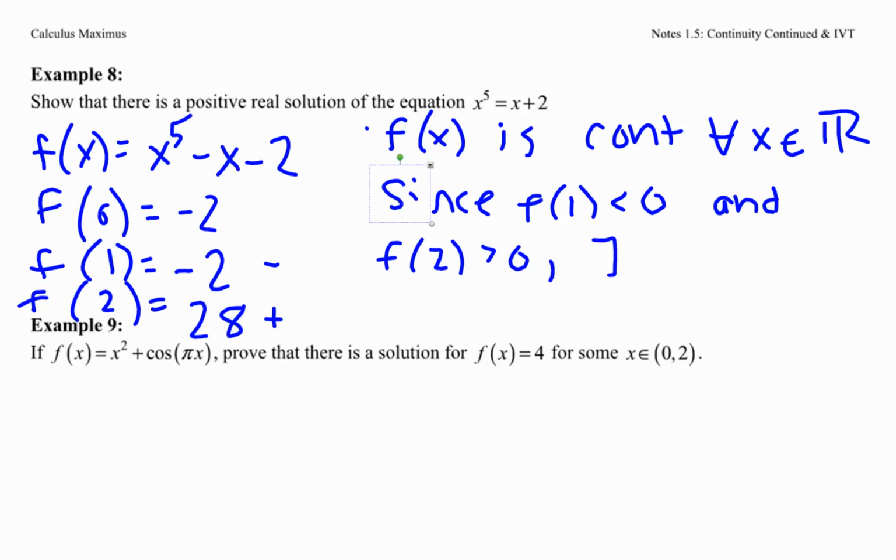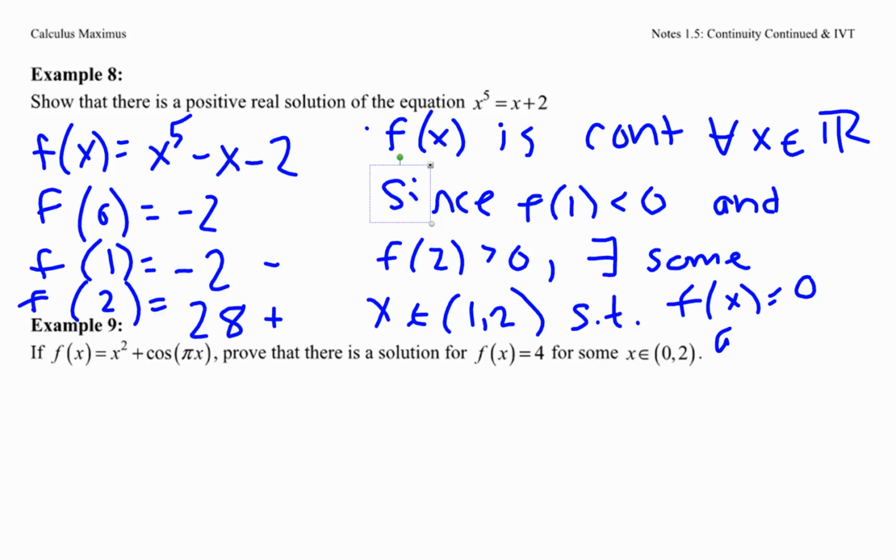You can write that, or you can just say there exists by writing that big fancy backwards capital E. There exists some x on the interval between those values, 1 and 2, such that f of x equals 0, and I'll just restate at the beginning, x to the 5th equals x plus 2 by the IVT. There you go. It's not so bad.